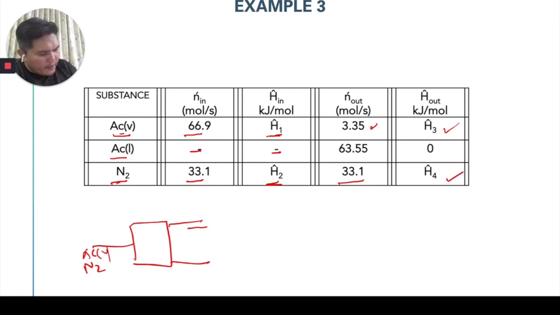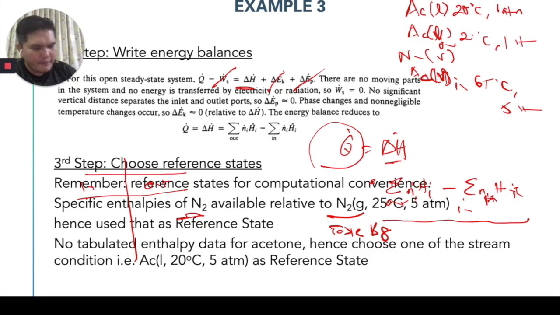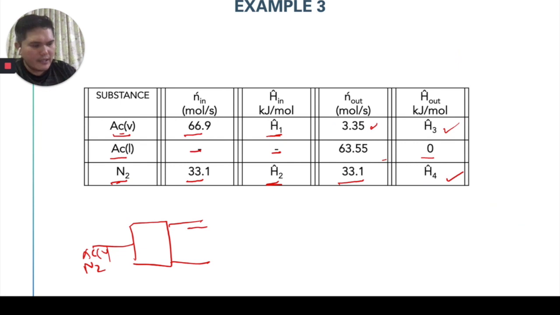So why do we put the value of acetone liquid as 0? You have to figure out that in the previous slide we decided that acetone liquid at 25 degrees Celsius and 5 atm becomes our reference state. So when it becomes our reference state, the enthalpy value at that point is reset as 0.